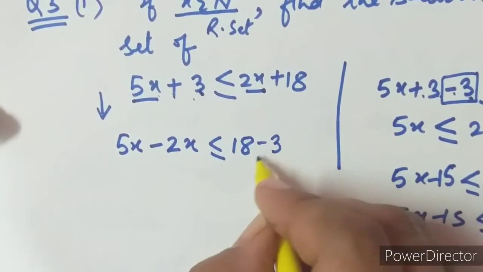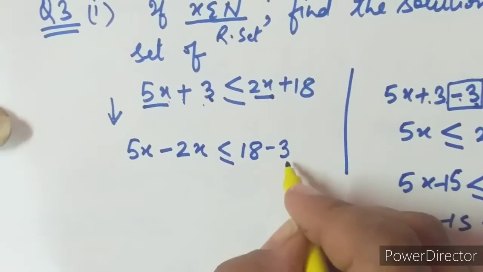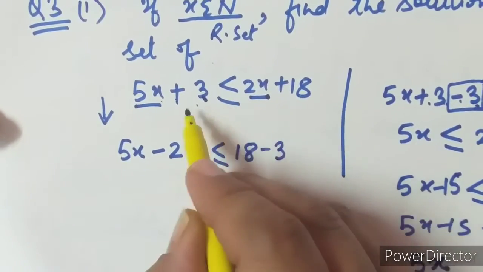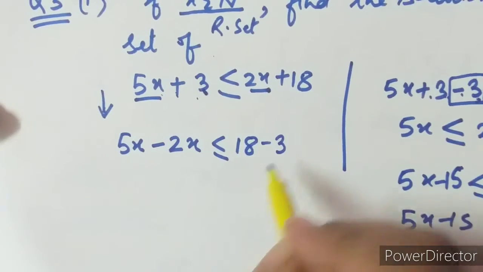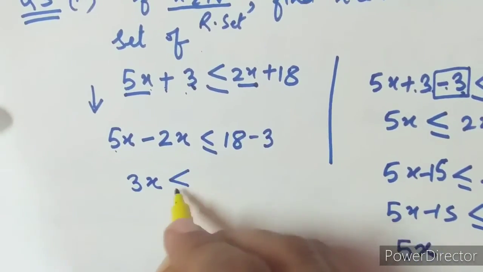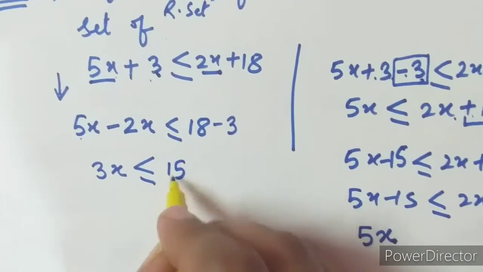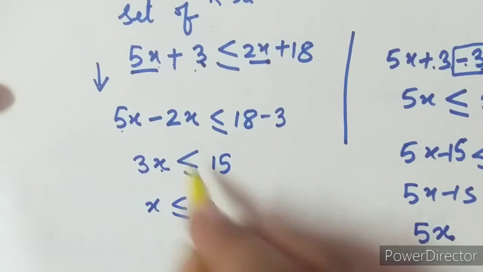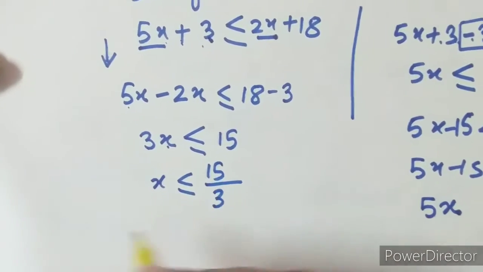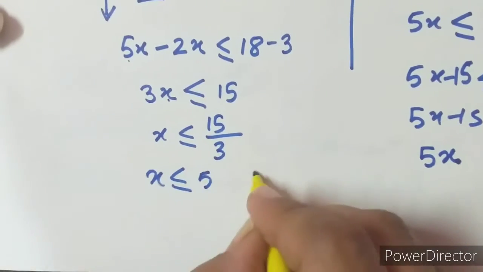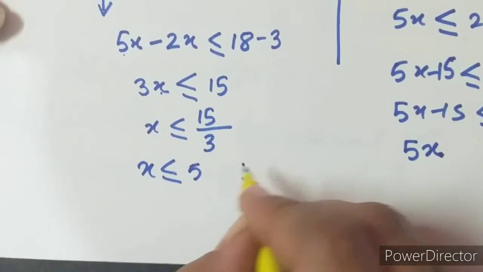This was the first rule I told in my first video: a positive term, when it goes to the other side of the inequality, goes with the minus sign. Now 5x minus 2x gives 3x, less than or equal to 18 minus 3, which is 15. Now the multiplication part goes into division, so x ≤ 5, since 3 fives are 15.